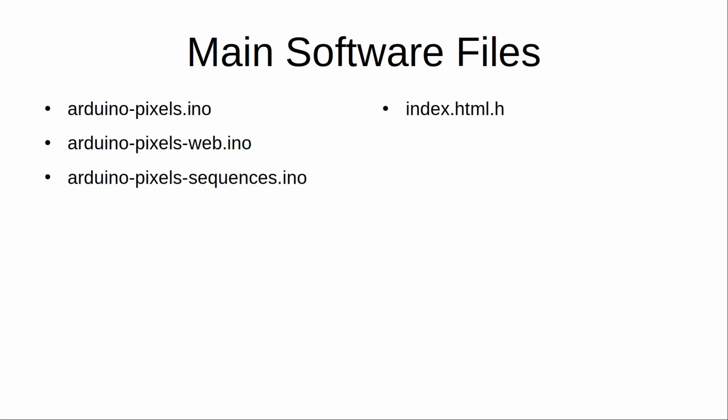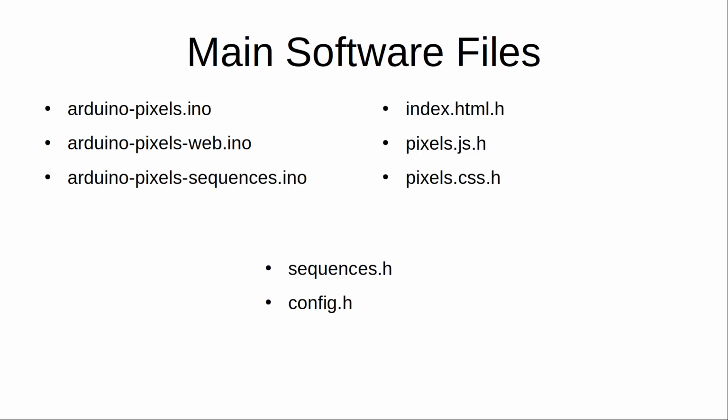Then the HTML files I've already mentioned, index, pixels.js, pixels.css, all appended with a .h. And then a header file called sequences.h, which is used for the sequences, configuration file, config.h, and Arduino secrets.h.